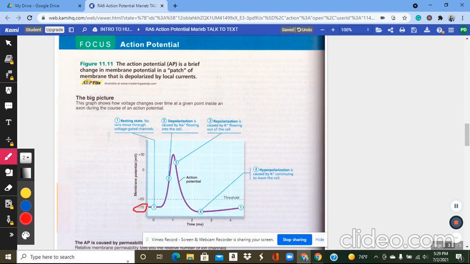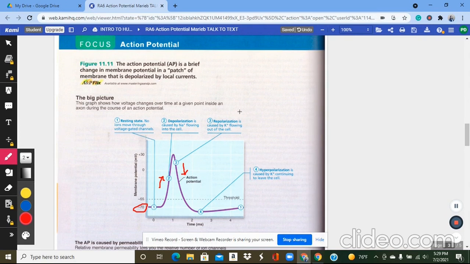Depolarization is caused by Na flowing into the cell, which, as you can see here, makes the membrane potential increase. Repolarization is caused by potassium flowing out of the cell. So since potassium is flowing out of the cell, the potential decreases. And number 4, hyperpolarization, is caused by potassium continuing to leave the cell.